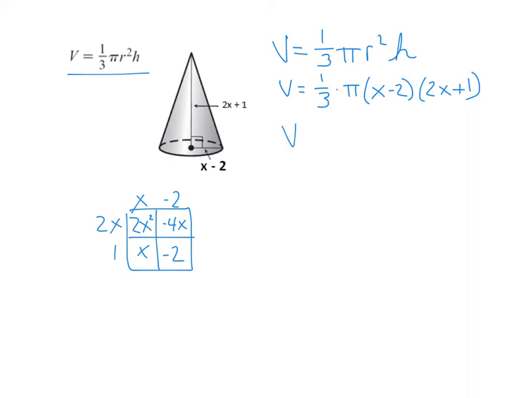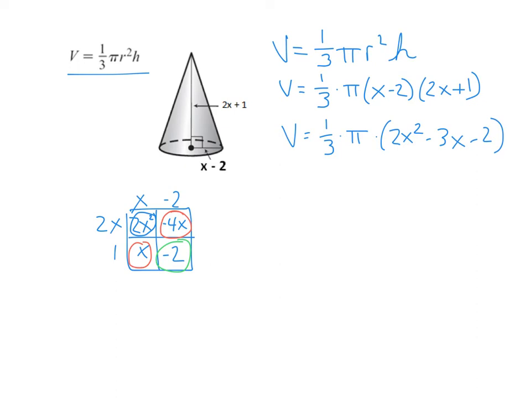So now we have volume equals 1/3 times pi times 2x squared. That's this. We've got negative 4x and x, so negative 3x. And then we've got minus 2.